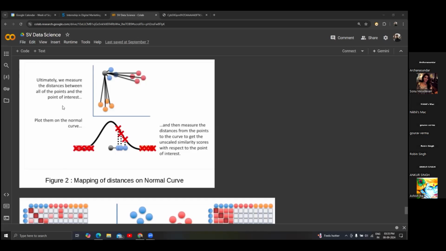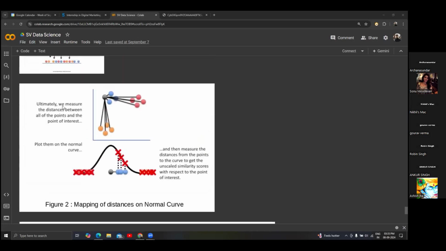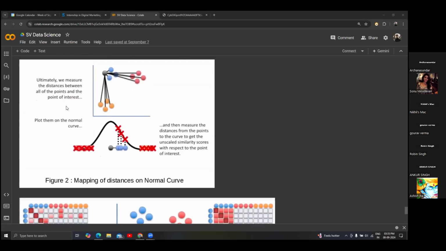So you can easily understand that. Near points are clustered together, far points are clustered together. So you can see classification is happening here, right?